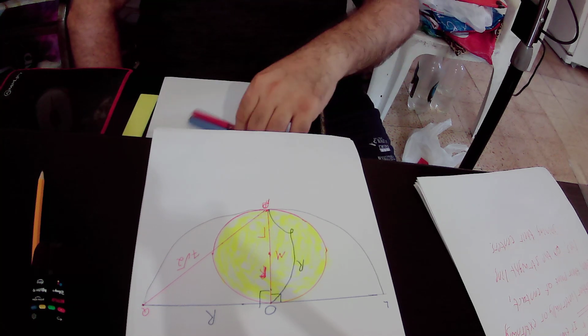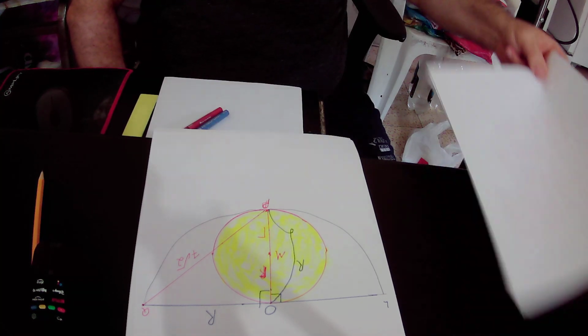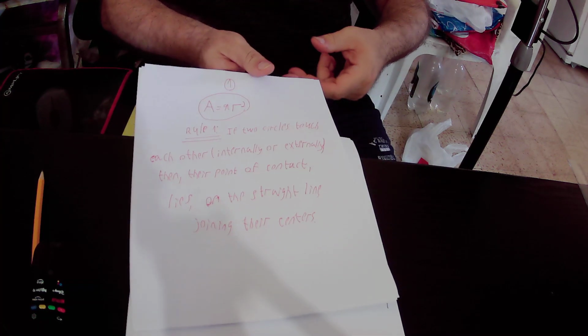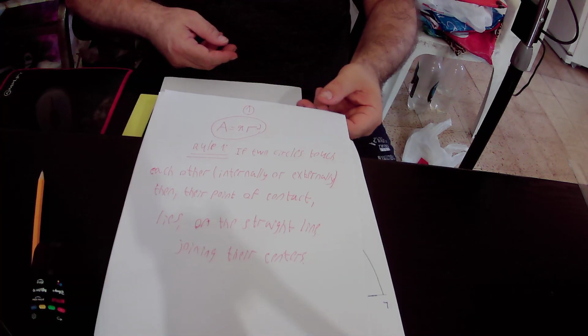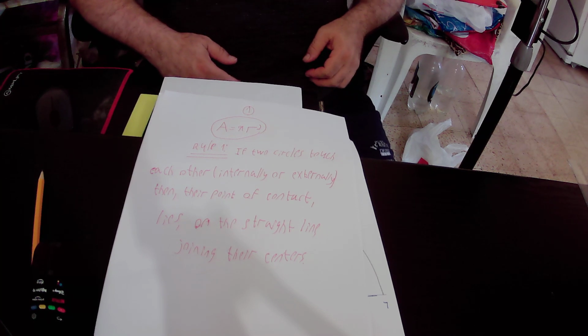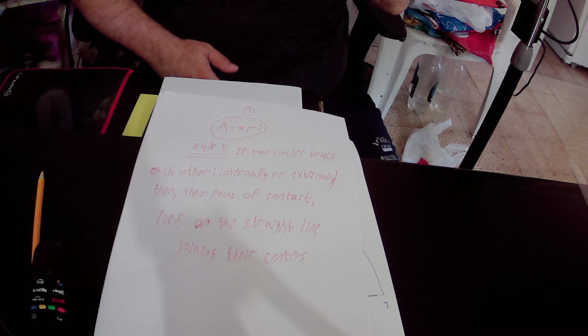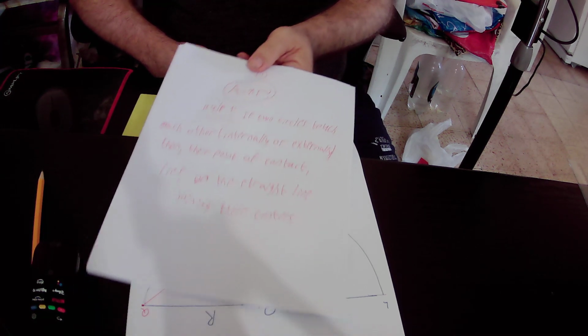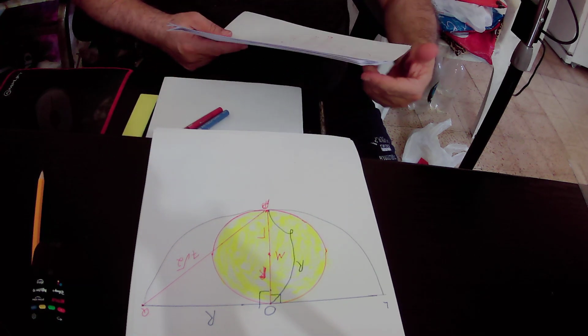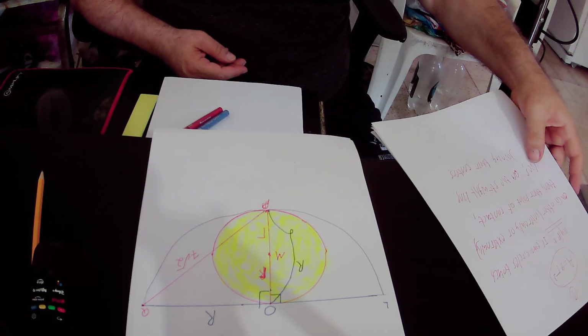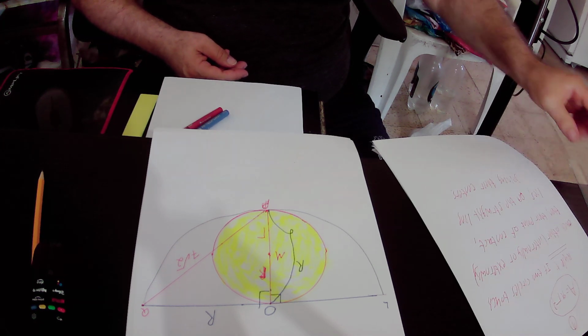According to rule number 1, if two circles touch each other either internally or externally, then their point of contact lies on the straight line joining their centers. I will explain the meaning of rule number 1 again.